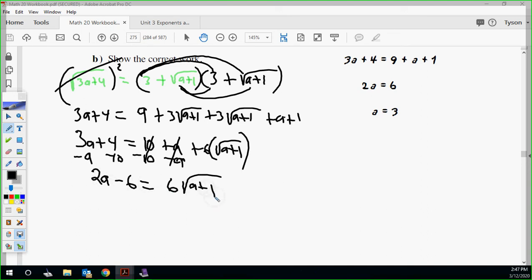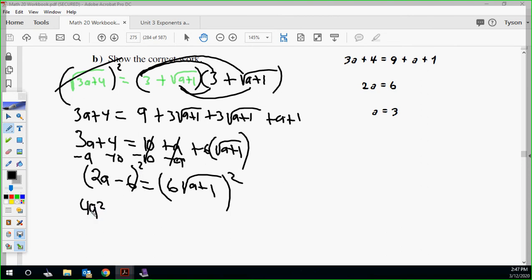So we did the process again. We isolated the second radical. And now we're going to work towards squaring that. We need to square this out. 2a minus 6, we also have to FOIL. You can write it twice if you want, but you should be a little better at this with our perfect square trinomial patterns. So you know that 2a squared is going to be 4a squared.